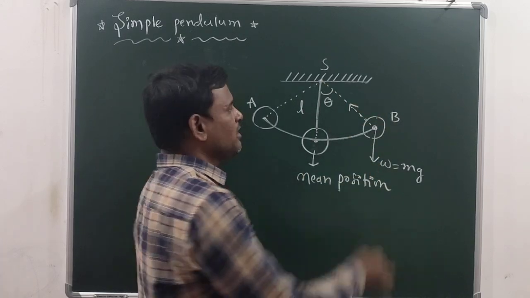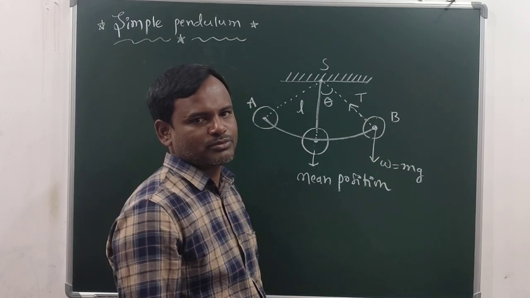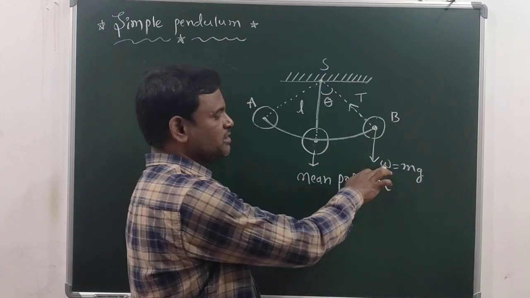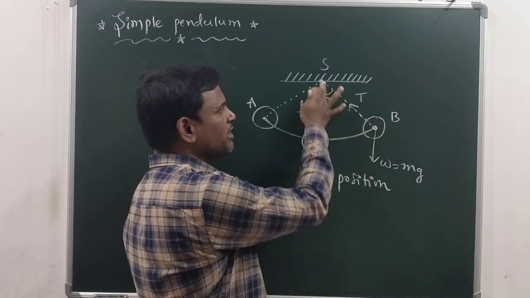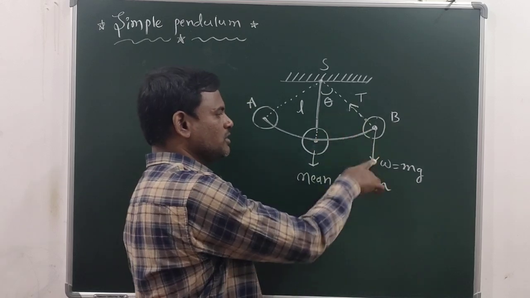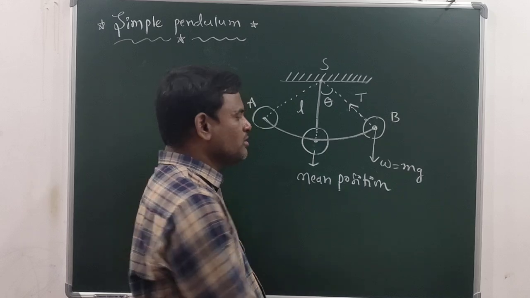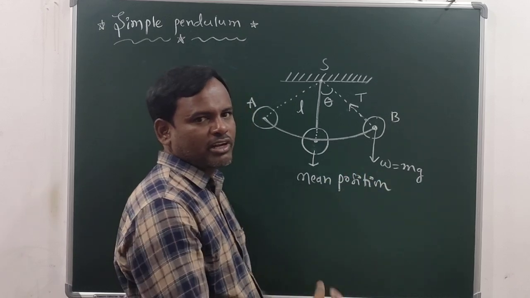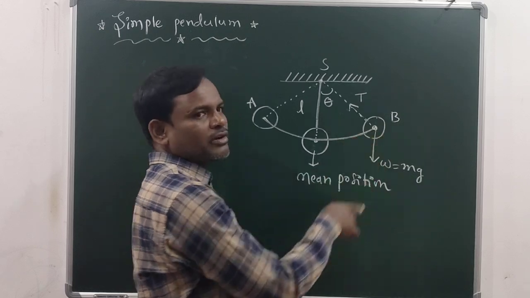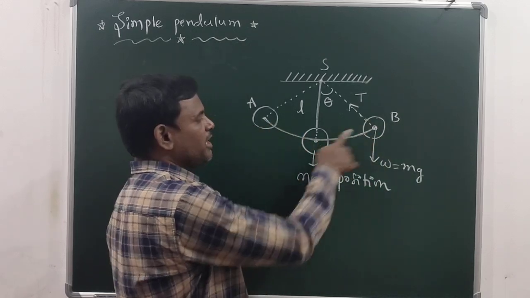That is called tension, or tensional force. Both are equal, working in opposite directions. This is working toward the earth and this is working towards S. Okay, so you know this. Both are equal and working in opposite directions on the bob. Hence this journey is possible in this direction.